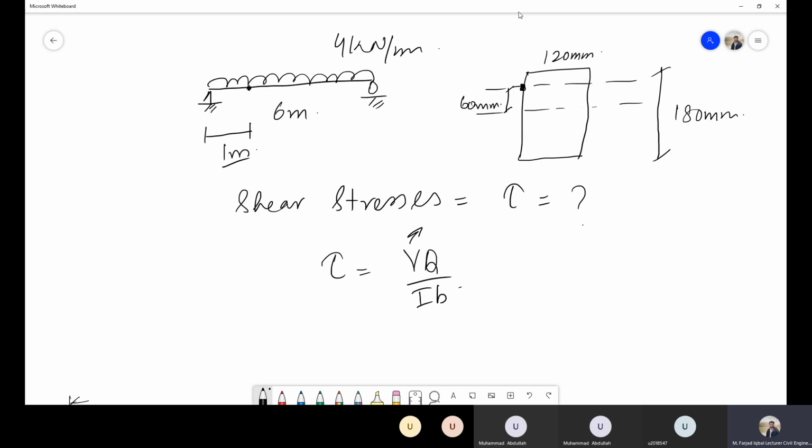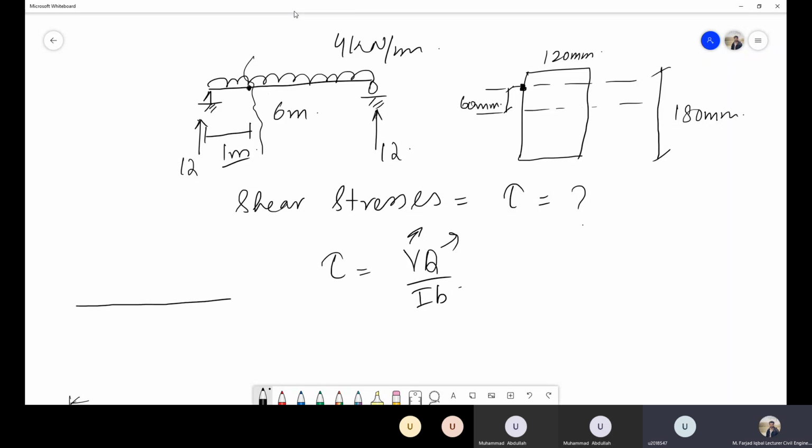And in the cross section, this point is located over here, so we need to figure out Q, I, and B. Can you tell me what will be the shear force at this section? What will be this fraction? Say 12. 6 into 4, 24, and half of that will be 12. What will be the shear force at this point? 12.